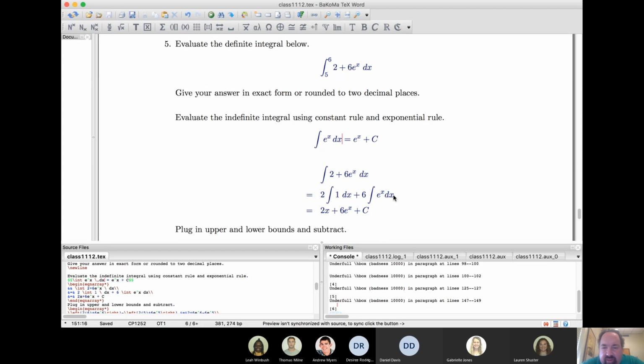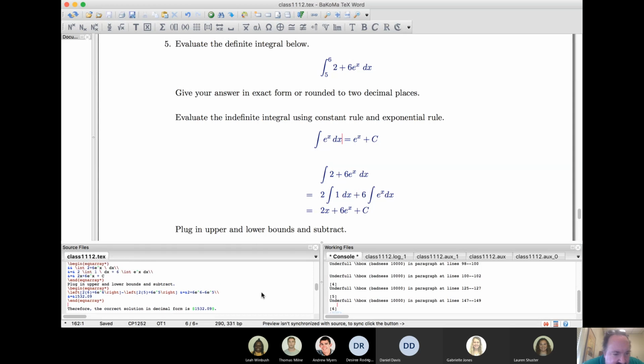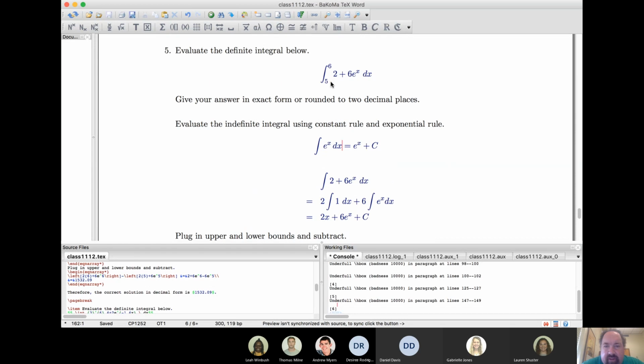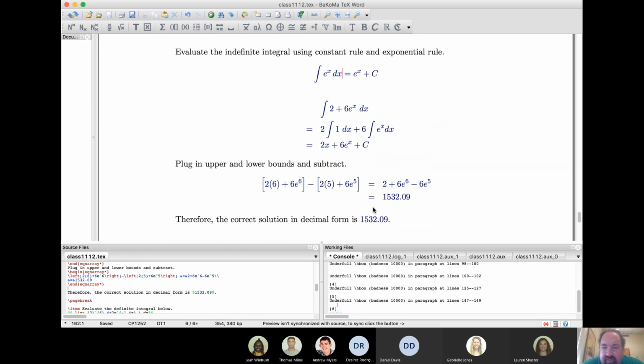These are worked out using a constant rule here and a rule for exponentials here. And then our limits are 5 and 6. So upper limit first, minus the value at the lower limit. And then you let your calculator do the rest.